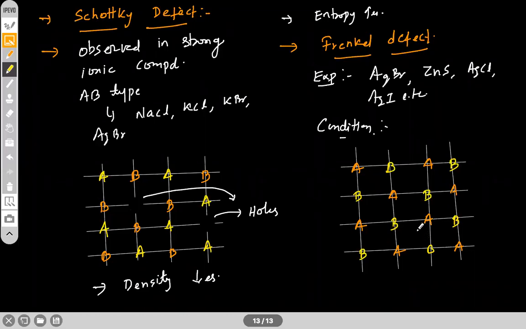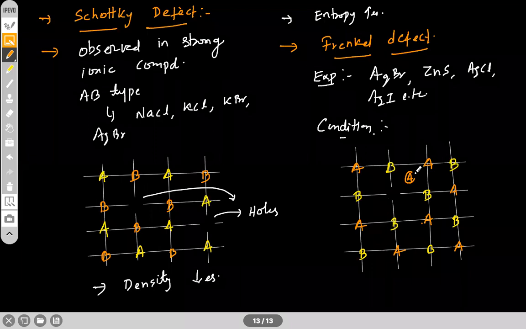Some of the ions lose their original site. From this, suppose this A moves from this point to any interstitial point, suppose here. From here A comes out and it occupies this position. So this is Frenkel defect. This A comes from the original site and occupies the interstitial site.